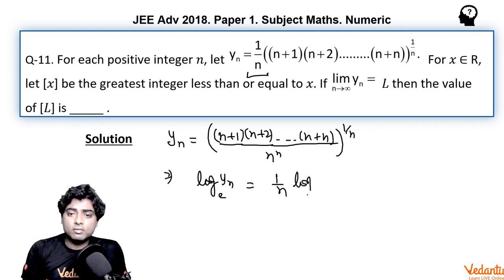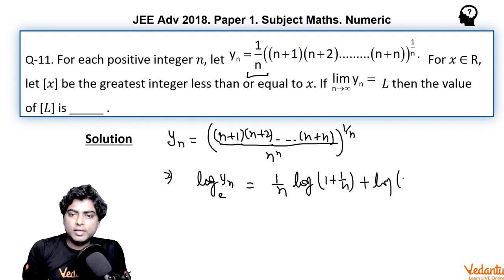So we'll get log of n plus 1 by n, that is, 1 plus 1 by n, plus log of 1 plus 2 by n, and so on, log of 1 plus n by n.